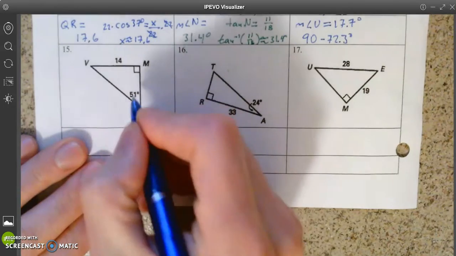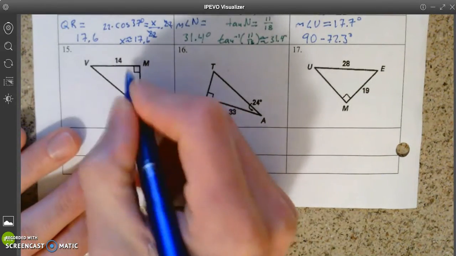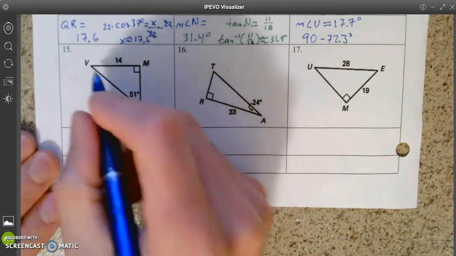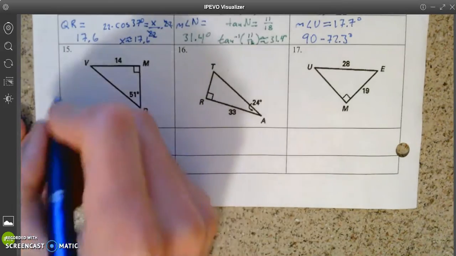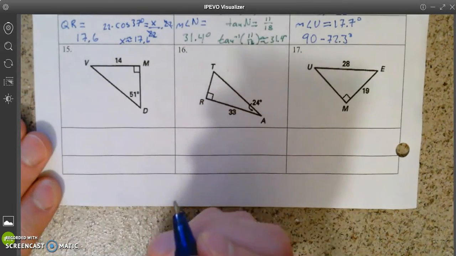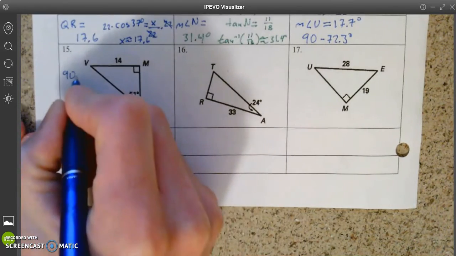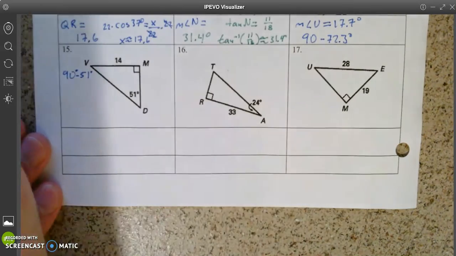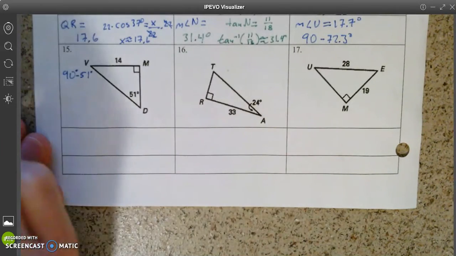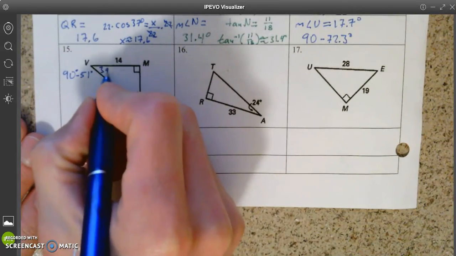So now we need to find both sides and then this angle measurement. We'll find this angle measurement first by just subtracting off. So if I subtract off 90 degrees, 90 minus 51 degrees, that's going to be 39 degrees.